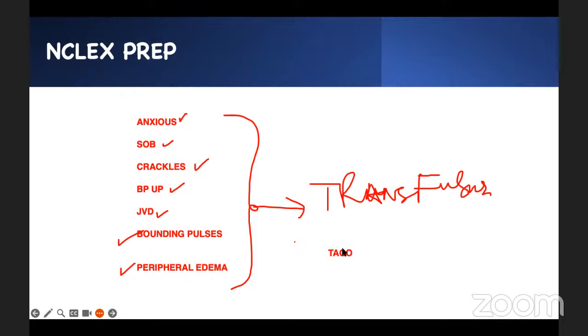That's your homework. This is what we call TACO. So go look for this, read about it, and see what exactly this is. Okay, so that's the problem. Basically, the patient needs to be in a high Fowler's position.